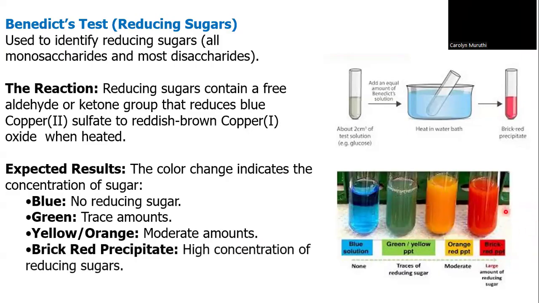Brick red precipitate will confirm high concentration of the reducing sugars. However, a negative result is when the color just remains blue, showing no reducing sugar. So having known this, you can go back and look at which monosaccharides and which disaccharides will test positive for the Benedict test.